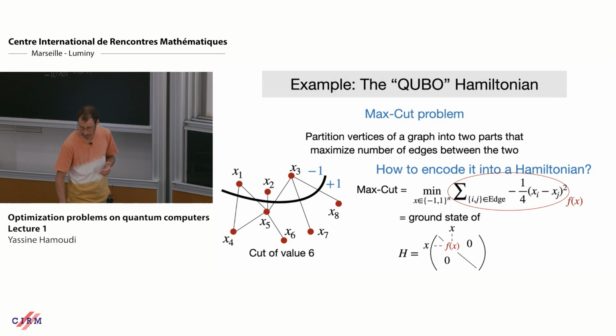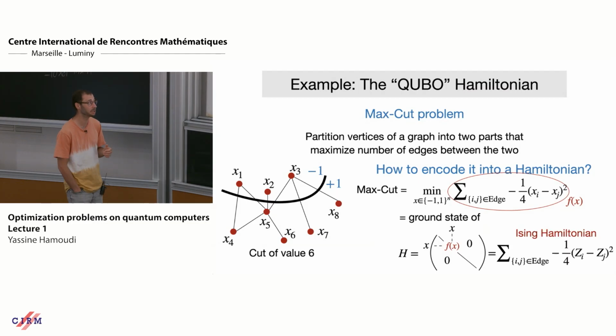So it turns out that such a Hamiltonian is actually pretty well known. It's called an Ising Hamiltonian, and it can equivalently be written in the following way, which is a sum of Pauli Z matrices.